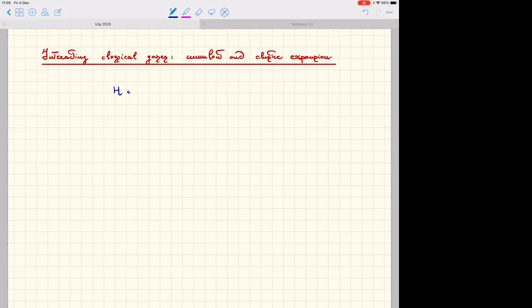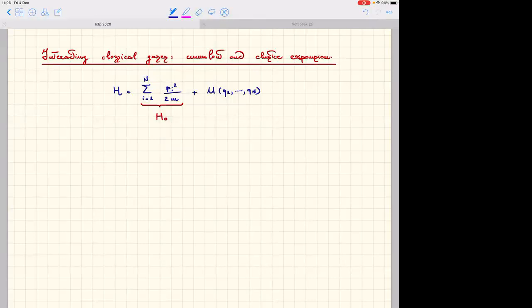So we're going to consider an interacting quantum gas that has a Hamiltonian composed of two parts: a non-interacting part and then an interacting one. The interaction depends only on the generalized coordinates in general. The non-interacting Hamiltonian we will call H naught.